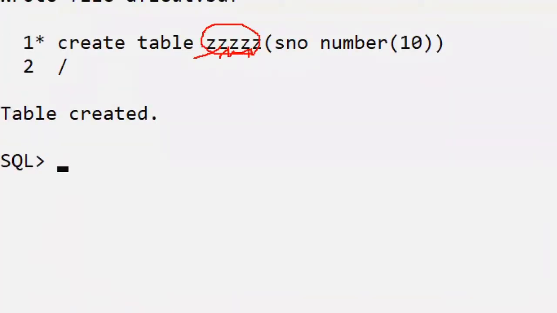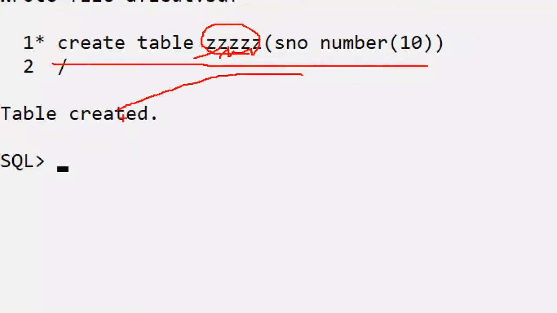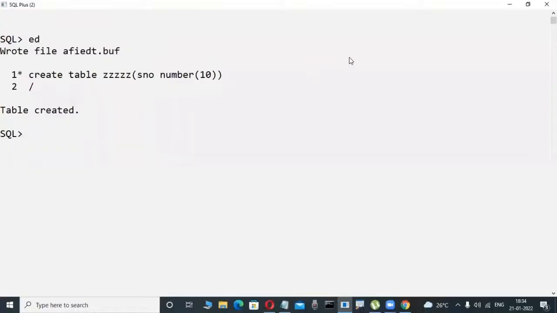Z is the name I am giving. The table I'm creating is only in my Oracle database, or SQL Server database, or MySQL database. I'm creating a table. Table is created. Slowly observe it here. This table is created.